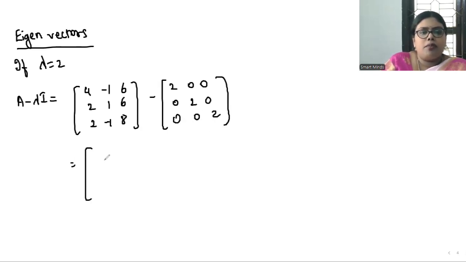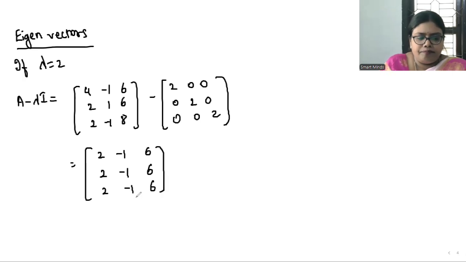So that is 4 minus 2 is 2, minus 1, 6; 2, minus 1, 6; 2, minus 1, 6. Now let us see what is the augmented matrix.